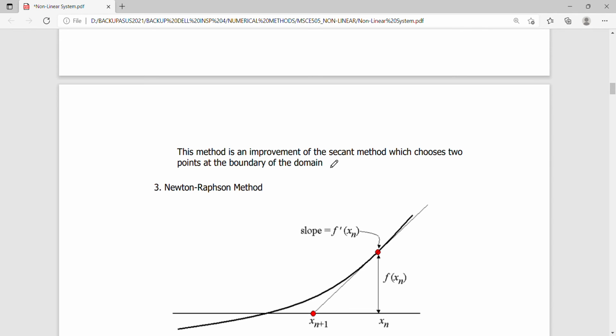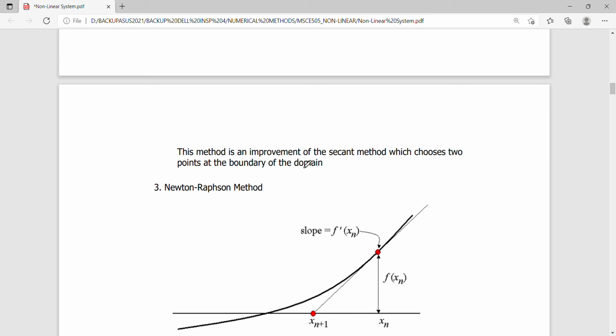So meron lang siyang kaibahan in the sense na kung minsan you are now using an extrapolation technique to get rid of the error when you choose the two guess values outside the boundaries of the exact value.